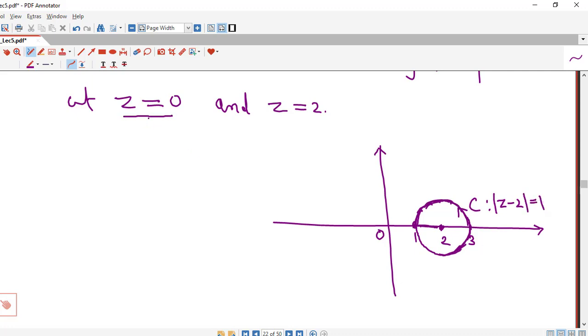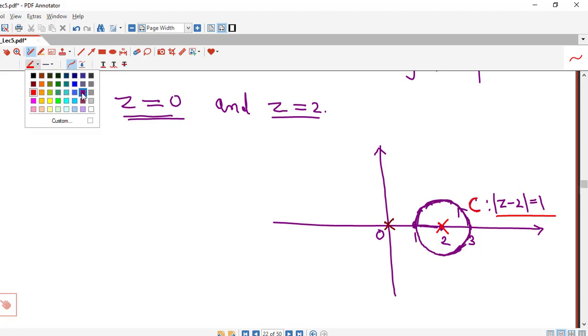Now function is not analytic at z equal to 0 and z equal to 2, but z equal to 0 is outside this contour, so we are interested in z equal to 2 only, which is inside this circle |z minus 2| equal to 1, and our function is analytic everywhere on and inside this circle except only one point z equal to 2.